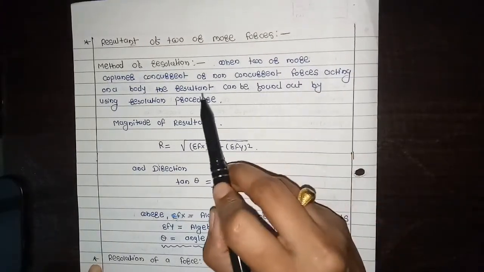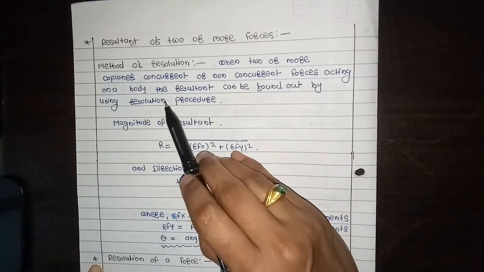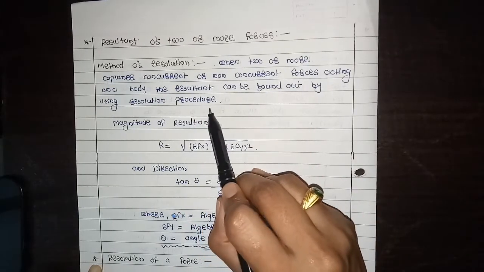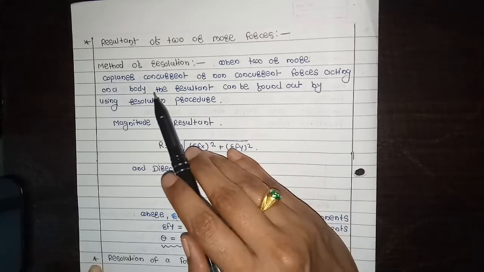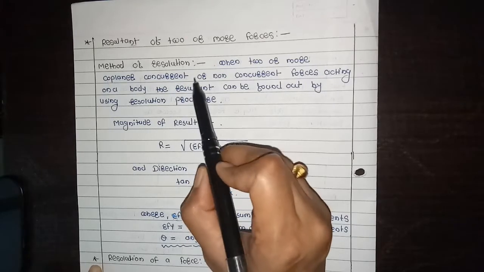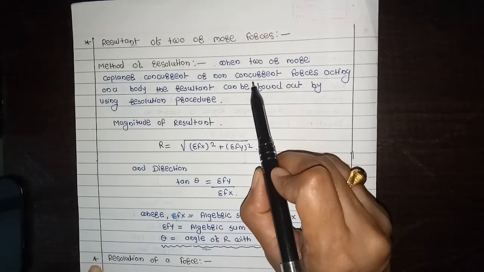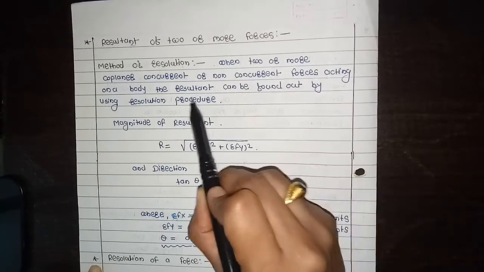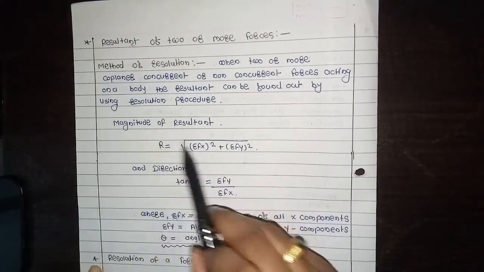When two or more coplanar, that is all the forces lie in the same plane, concurrent, all the forces intersect at a single point, or non-concurrent, all the forces do not intersect at a single point, forces act on a body, the resultant can be found out by using the resolution procedure.